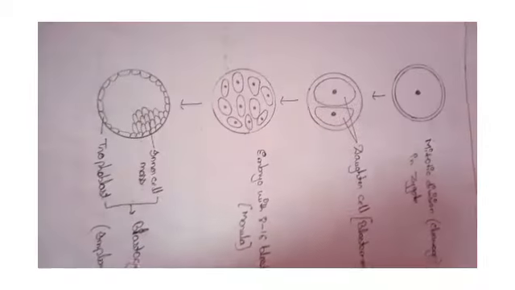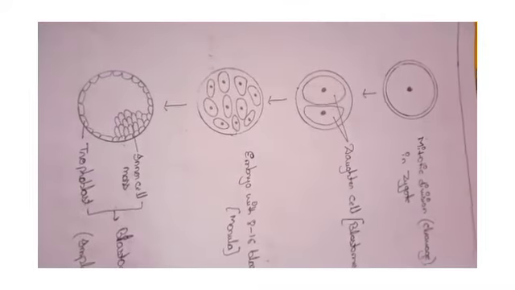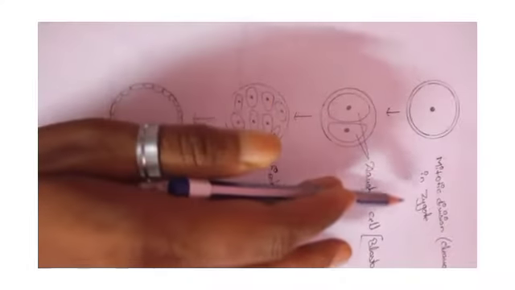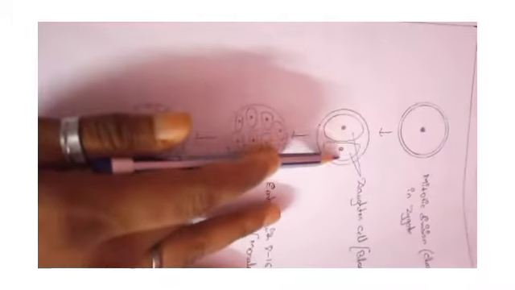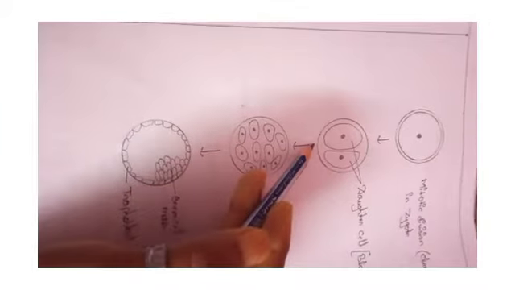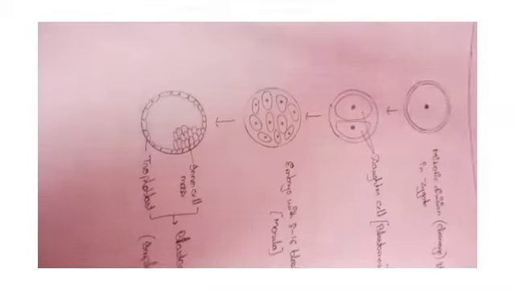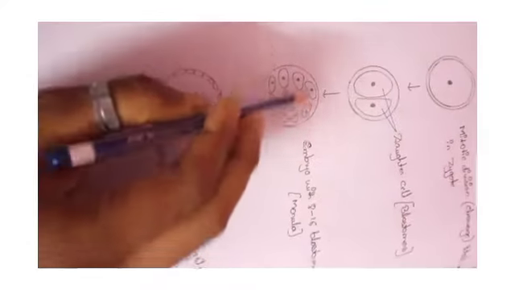The stages of fetus development: there is one mitotic division in the zygote, so there is a single cell, then a double cell, meaning mother cell to daughter cells. Then the embryo with 8 to 16 blastomeres is called the morula stage.